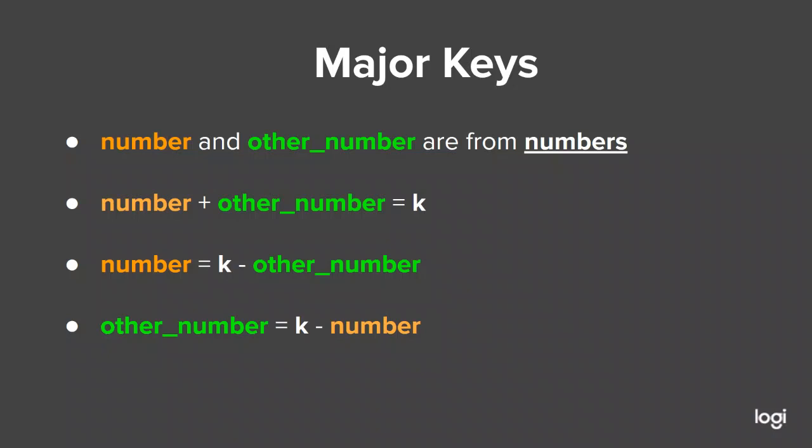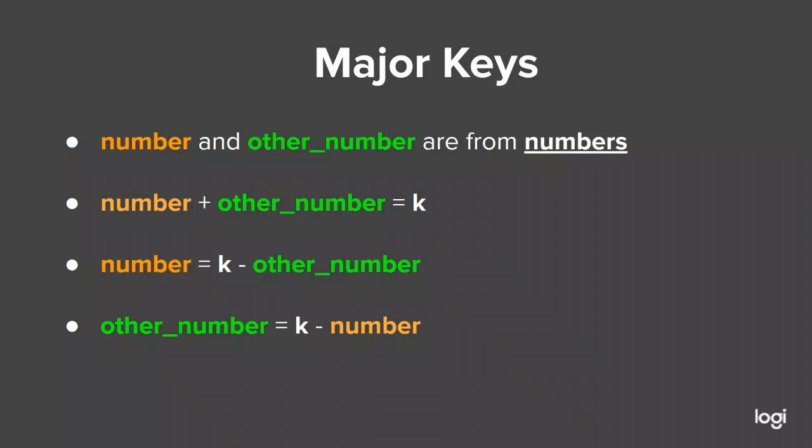Before we look at how we can use hash sets and hash tables to solve this problem, let's revisit how we think about this problem, or add to how we're thinking about it. We know that number and other number are both going to come from the numbers list or array. We know that number plus other number equals k.